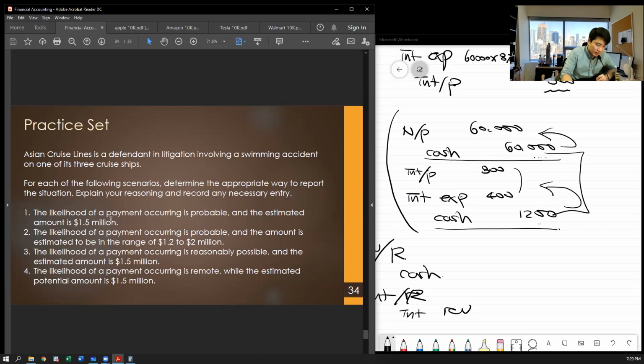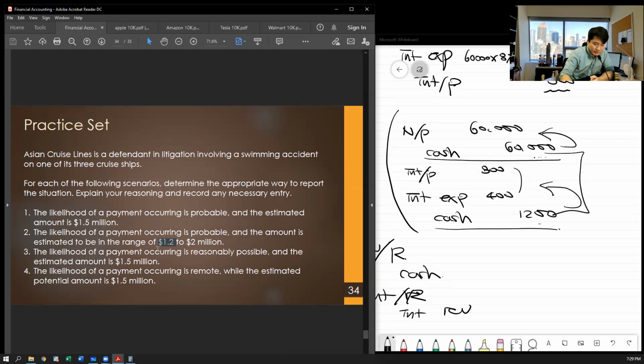So that 1.5 million will be reported under contingencies in the balance sheet. Okay. The amount is estimated to be in a range of 1.2 million to 2 million. So if the estimate is in the range format rather than the exact amount, the lower number will be reported, just for your information per se.